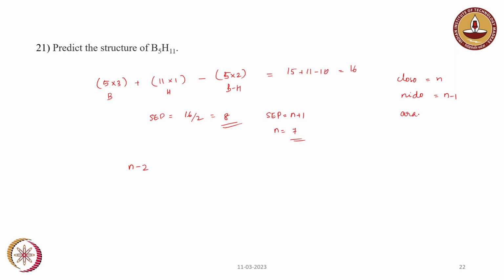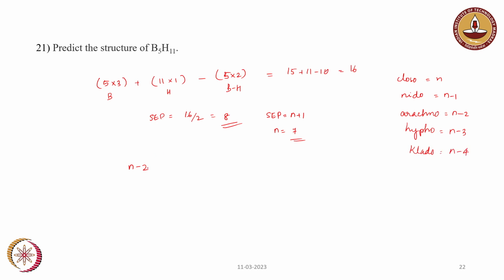In arachno it will be n minus 2, in hypho n minus 3 and in klado n minus 4.